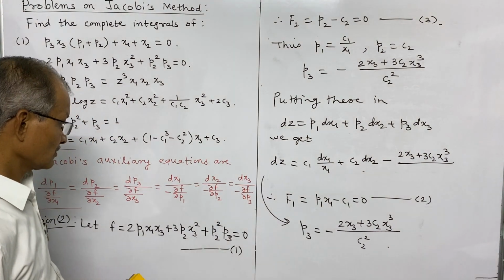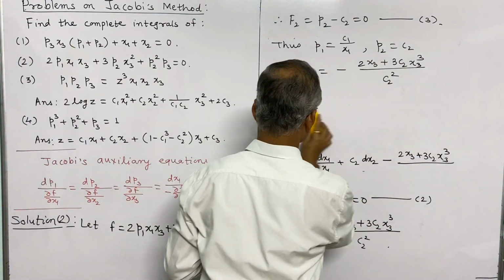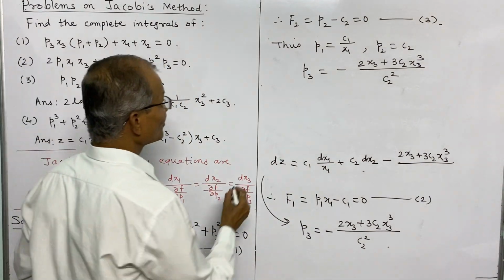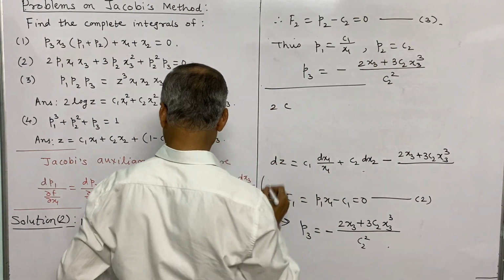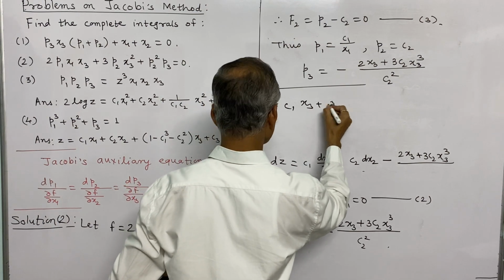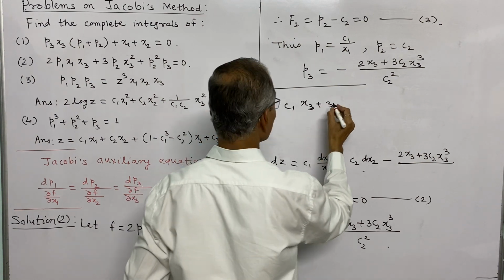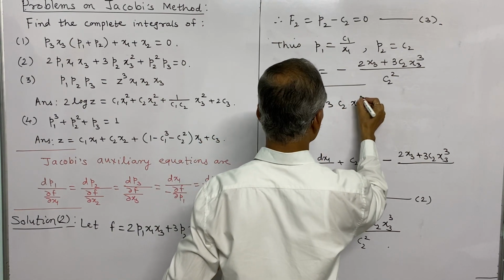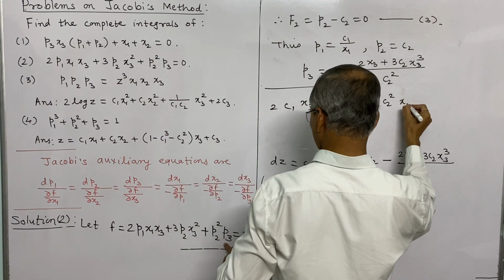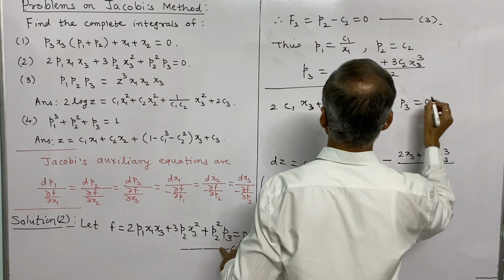And so I shall verify this first again, because I rubbed out the earlier steps, and that will be 2 p1 x1 is c1 x3 plus 3 c2 x3 square plus p2 square, that is c2 square p3, is equal to 0.